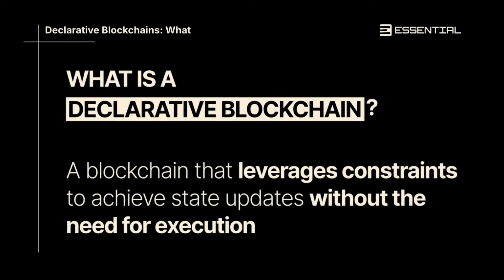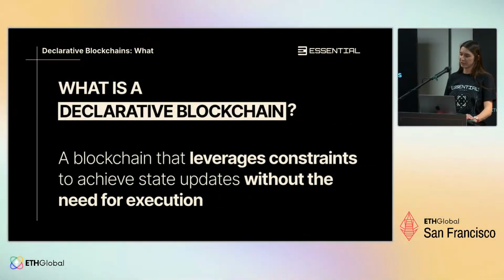And so with this, we propose the idea of a declarative blockchain. So these are blockchains that leverage constraints to achieve state updates without the need for execution. There's a few important things in here. The constraint component is closely tied with declarative programming, where interactions or intents are expressed in the form of constraints on state.